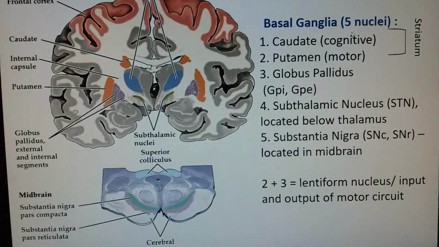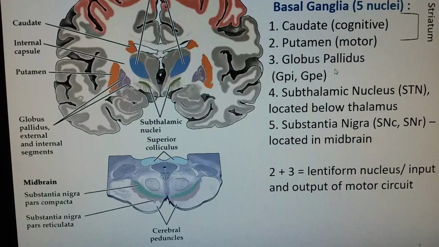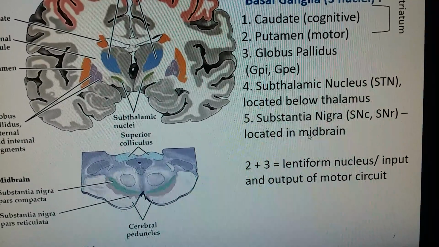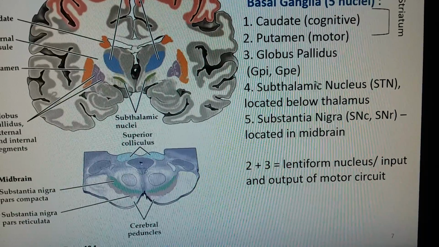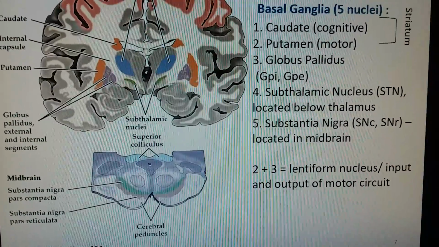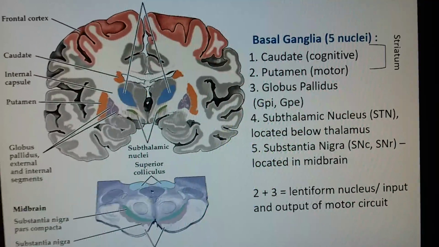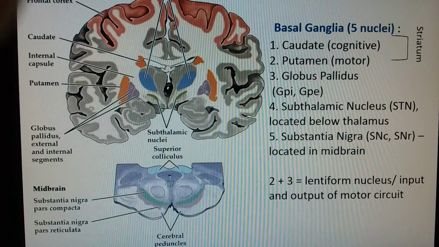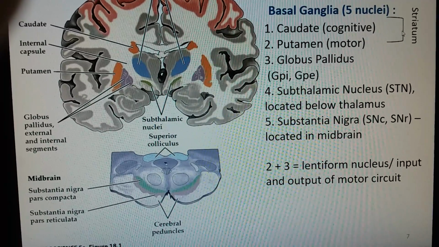The caudate, the putamen, the globus pallidus, the subthalamic nucleus, and the substantia nigra. Okay, these are some input structures, some output structures, and some modulating structures. The caudate and the putamen are collectively called the striatum.